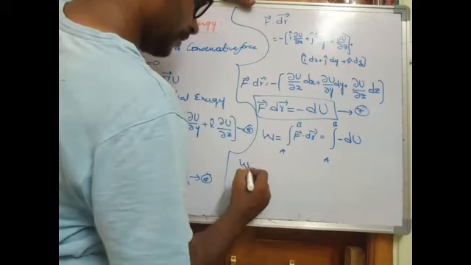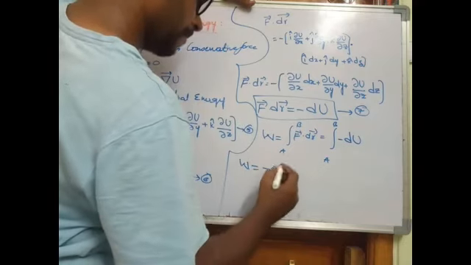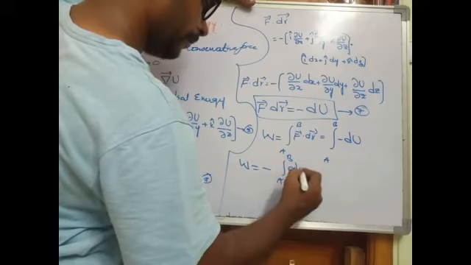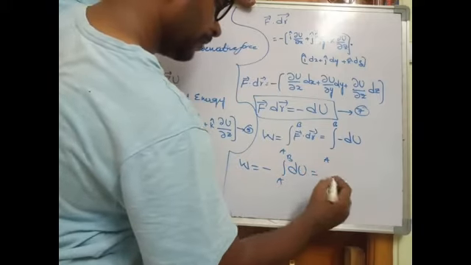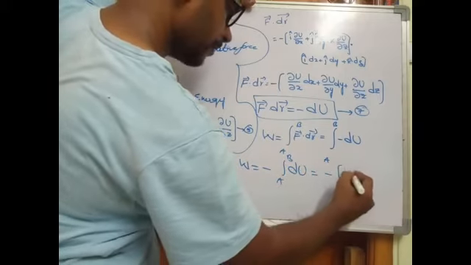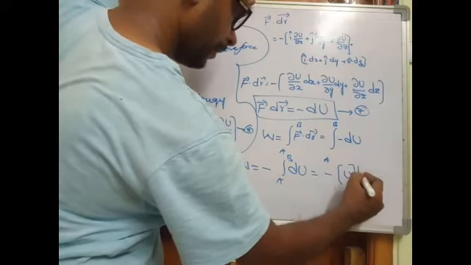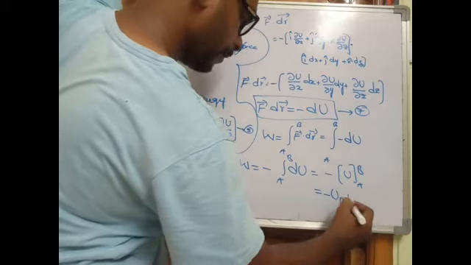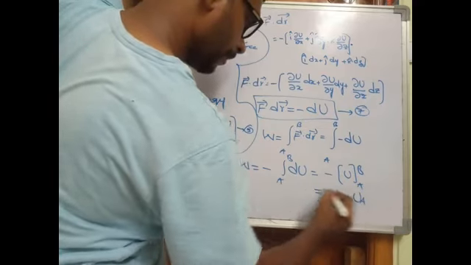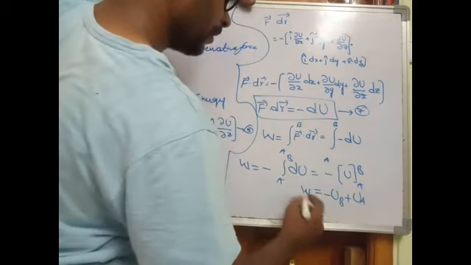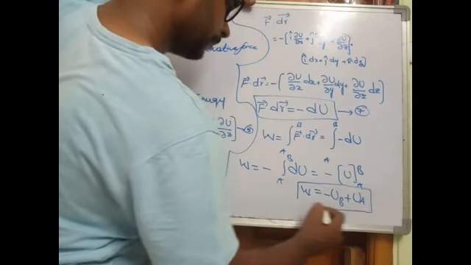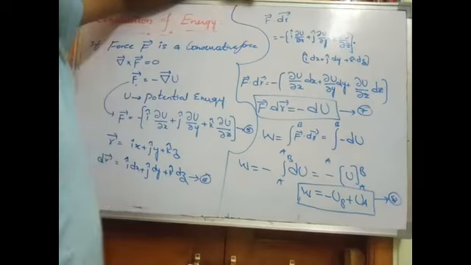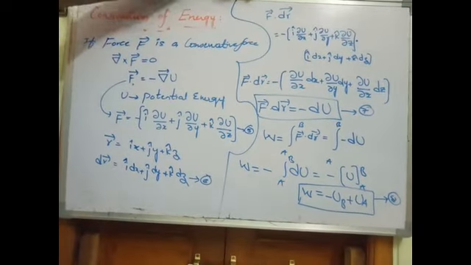Finally, W is equal to minus the integral from a to b of du, which gives minus (U_B minus U_A), that is, U_A minus U_B. Assume this is equation number 8. That is equation 8.